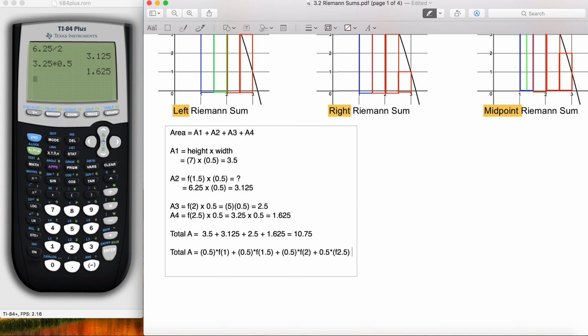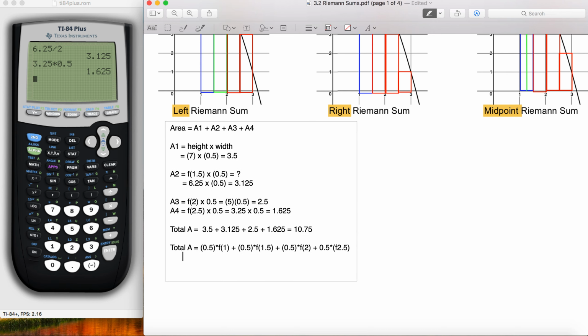Do you see a little pattern here? We can factor out what they all have in common. We know that 0.5 is what they all have in common, and we multiply it by the bracket: f of 1 plus f of 1.5 plus f of 2 plus f of 2.5.